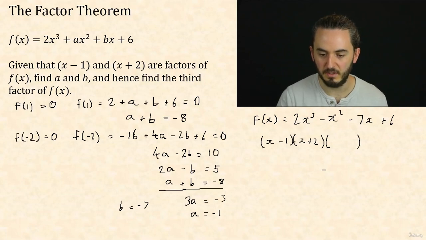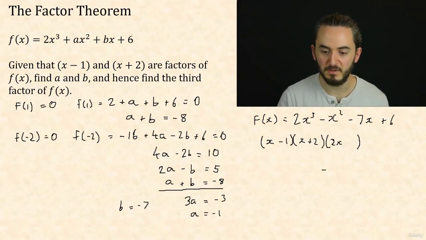It has to be linear because linear times linear times linear is cubic, right? x times x is my x cubed there. But I can actually just figure out really easily what goes here, because this 2x cubed must have come from doing that times that times that. So what goes here? Well, it's definitely 2x, right?